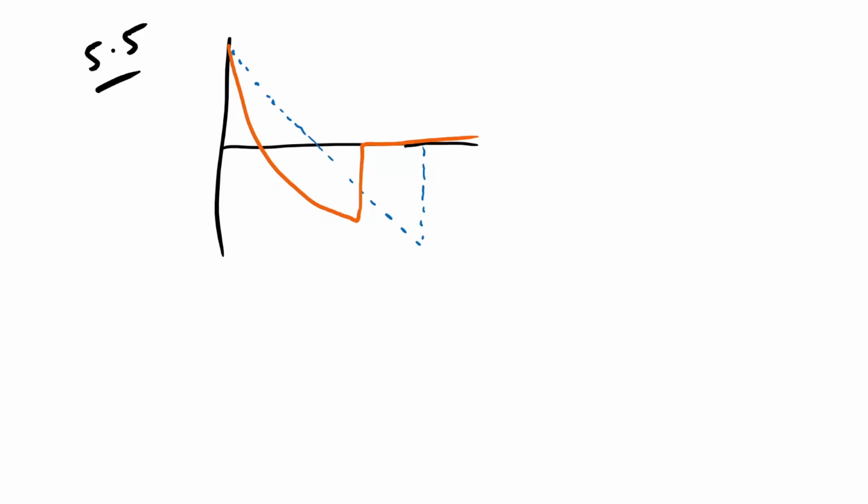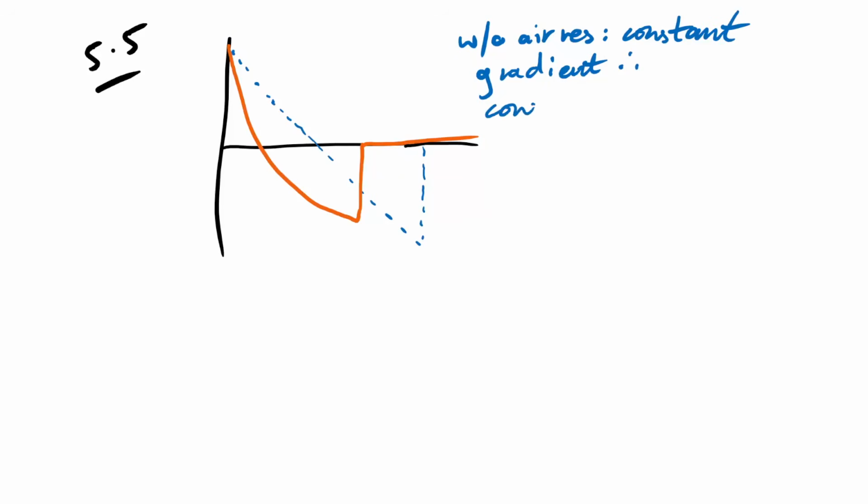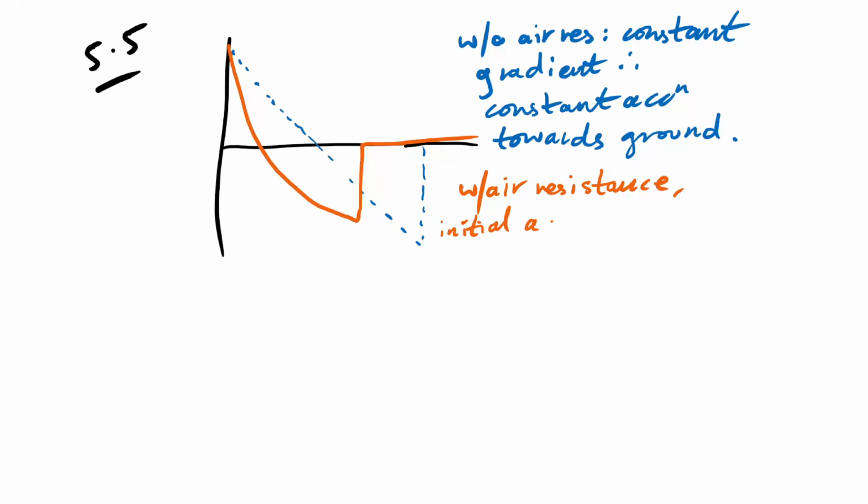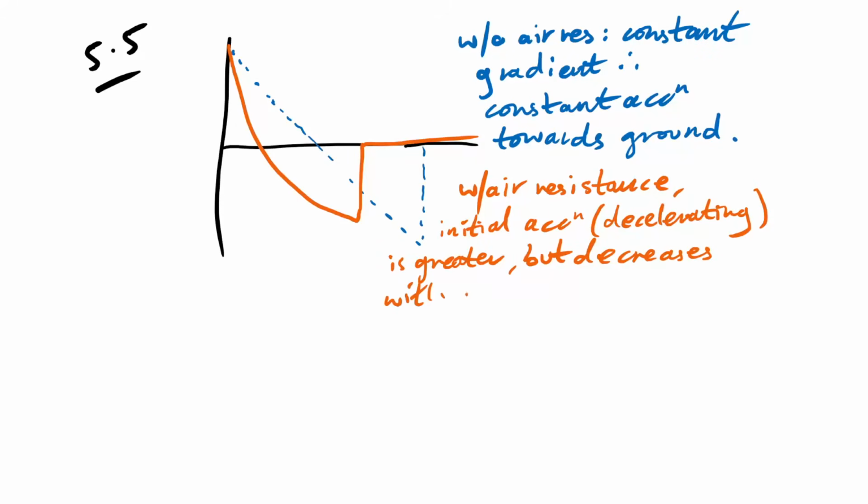So let's say that without air resistance, constant gradient, therefore constant acceleration toward ground. With air resistance, initial acceleration, or deceleration in this case, isn't it? Because it's going up, but the air resistance is slowing it down. Faster is greater, but decreases with decreasing speed.